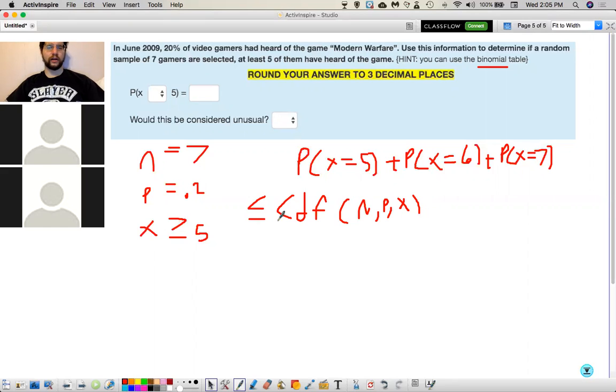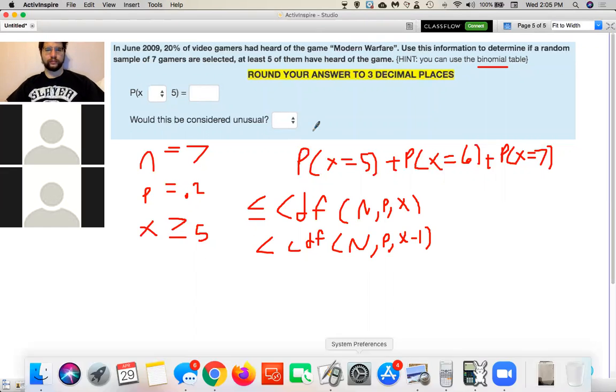So if you are strictly less than, you have to remove a whole number from X. So we're going to do X minus 1. So let's say we have less than 5 people. Well, how many would be the lowest number for less than 5 people? 4 people.